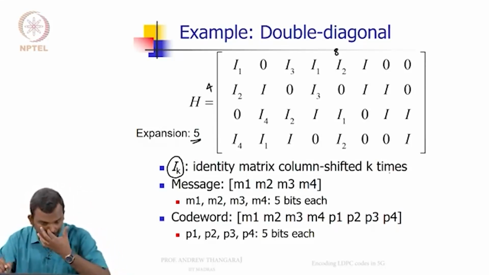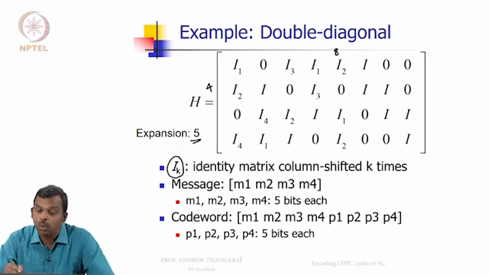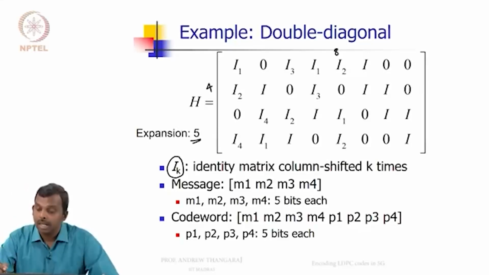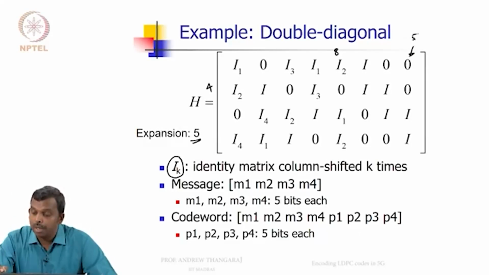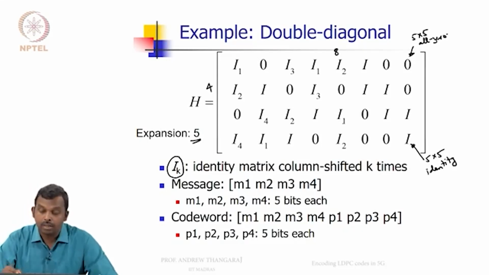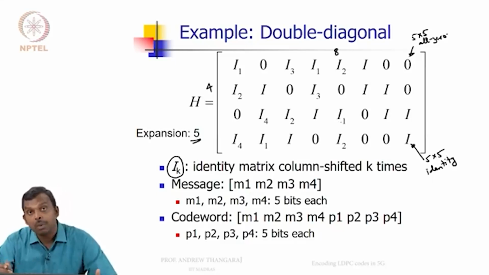So instead of using entries like 1, 2, 3, I'm using I1, I2, I3 just to show it's the 5 by 5 identity matrix shifted like that. And the 0 represents the 5 by 5 all 0 matrix. So I will be the 5 by 5 identity. And then I1 will be the 5 by 5 identity shifted right by 1 position. I2 will be shifted right by 2 positions, so on.